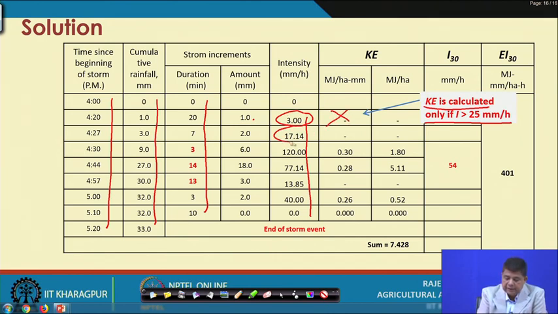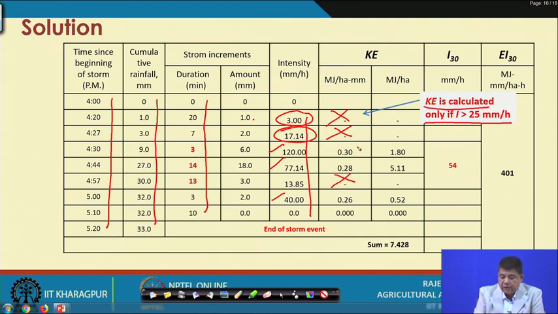Similarly, here it is 17.14, it is less than 25 mm per hour, so we are not calculating kinetic energy. Only those durations where the intensity is more than 25, so only 3 durations, we are calculating; the rest of the places we are not calculating.